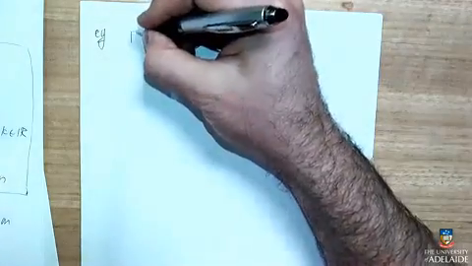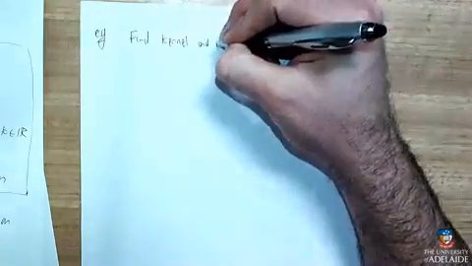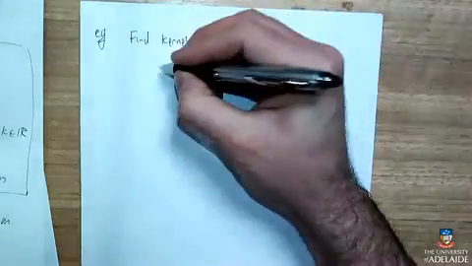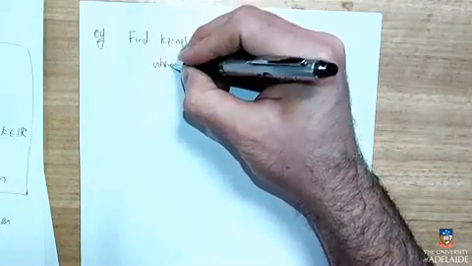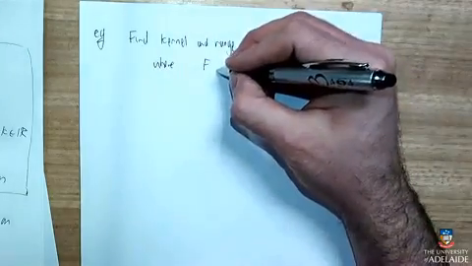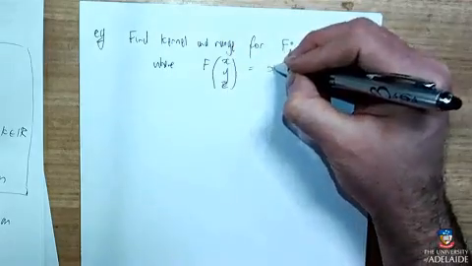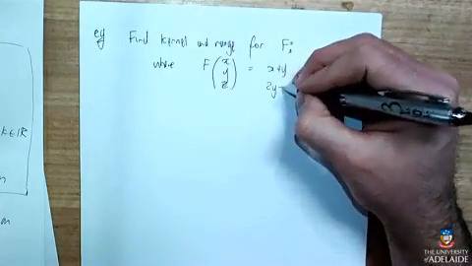Find the kernel and range for f, which sends, I'll fill that in a second, where f of x, y, z is x plus y, 2y minus z.